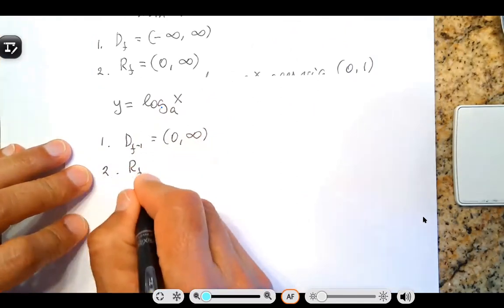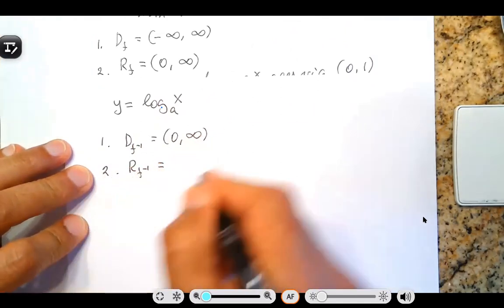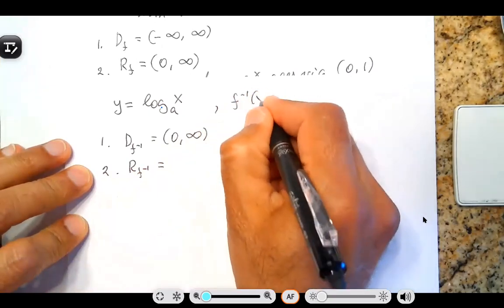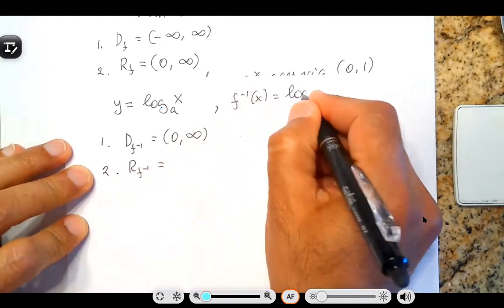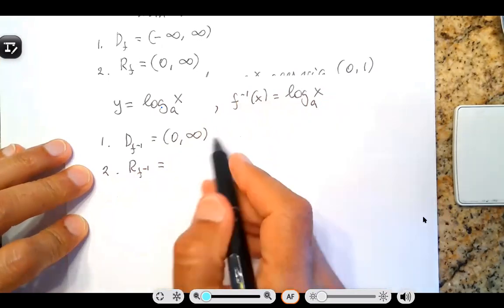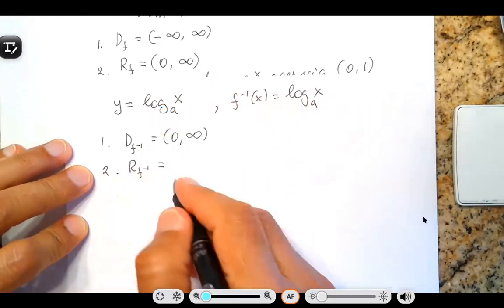The range of this logarithmic function, the inverse of f, logarithmic base a, becomes the domain of the exponential.